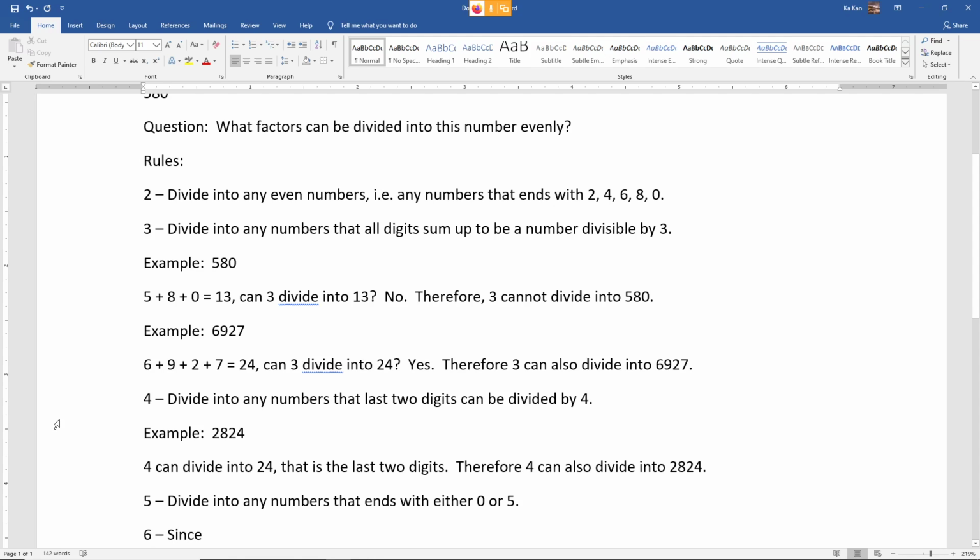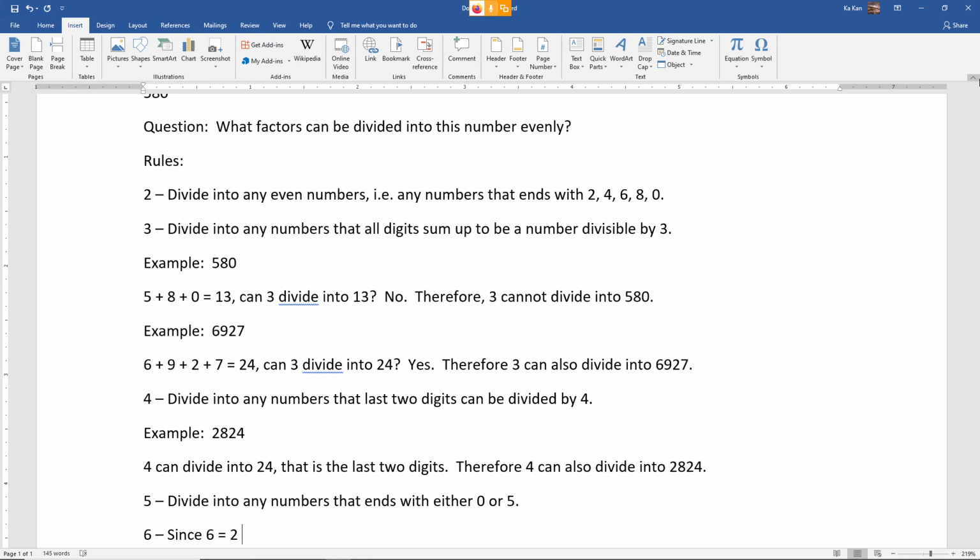Since 6 equals 2 times 3, 6 can divide into any number that is divisible by both 2 and 3.